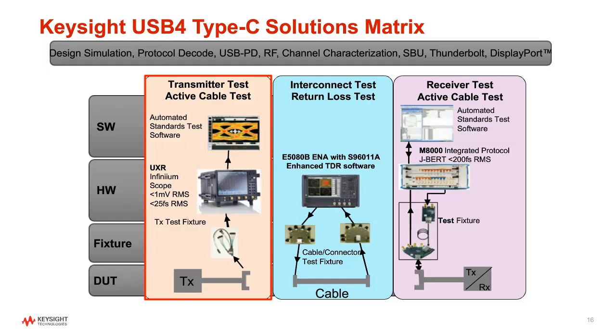We recommend the UXR platform because of the low noise and the margin. Very low, 1 millivolt RMS and 25 femtoseconds. The ENA for the cable connector return loss testing, and of course the BERT and the BERT software for the receiver testing. And with that, I'm going to turn this back over to you, Marnie.